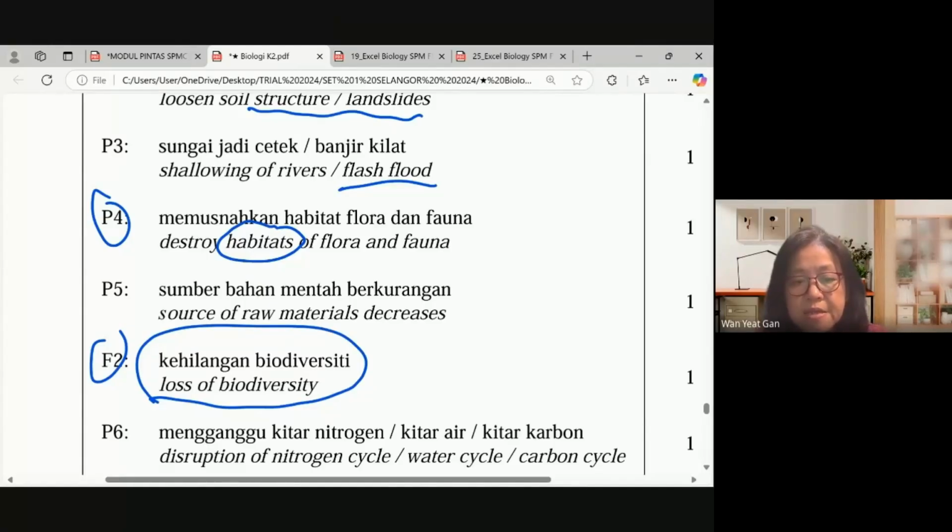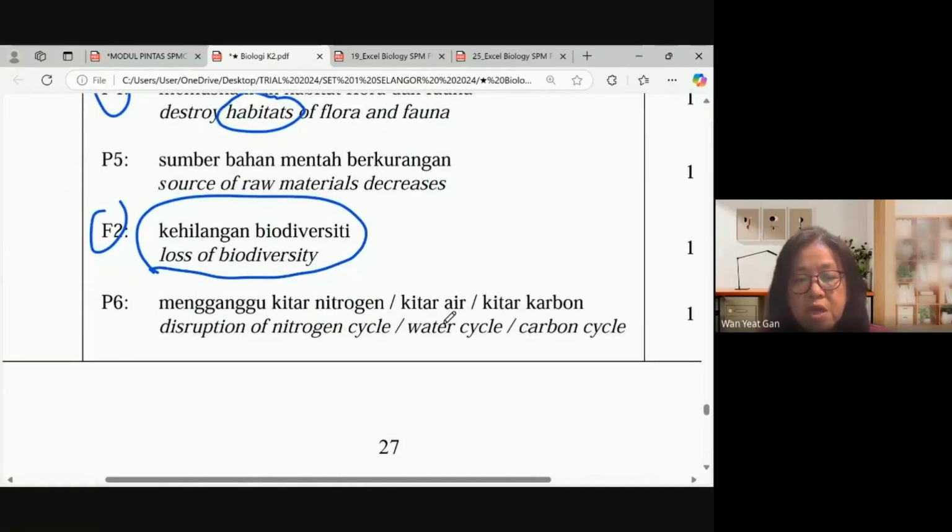And the other thing you need to know is when you destroy or remove forests, you are also removing valuable raw material that is useful as food, as medicine.